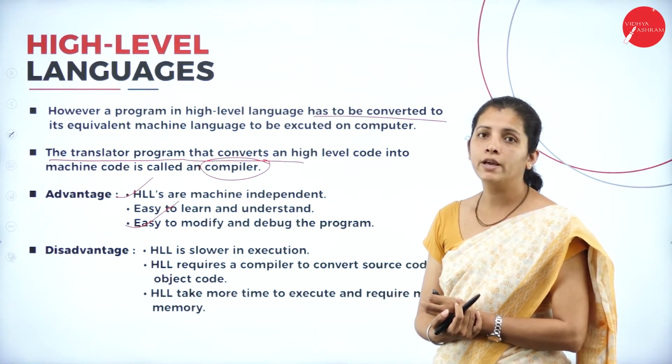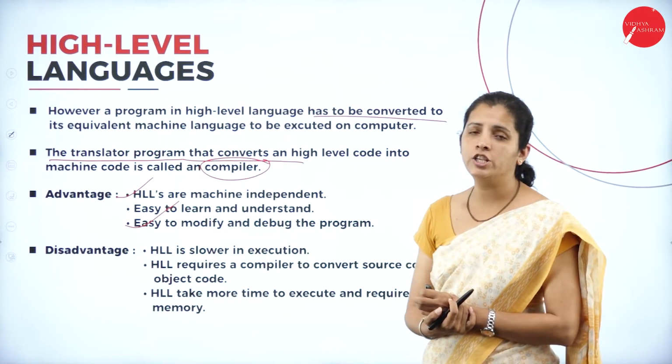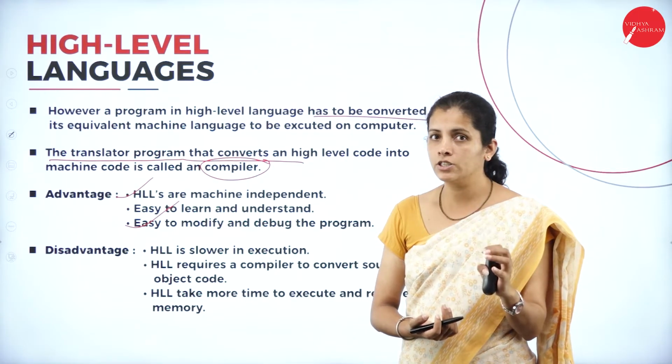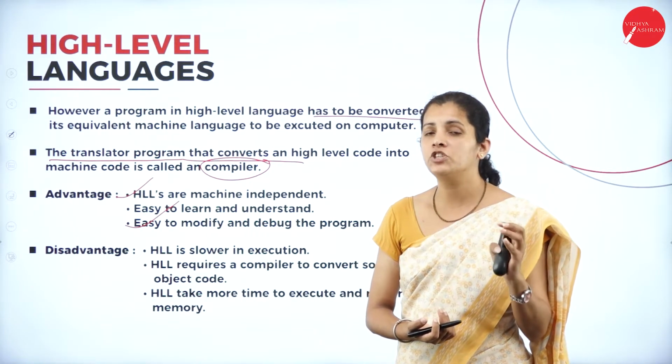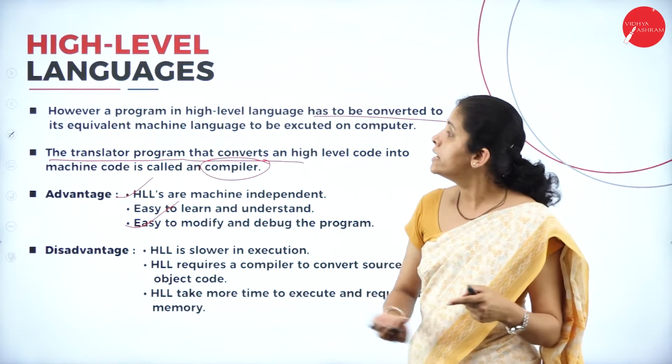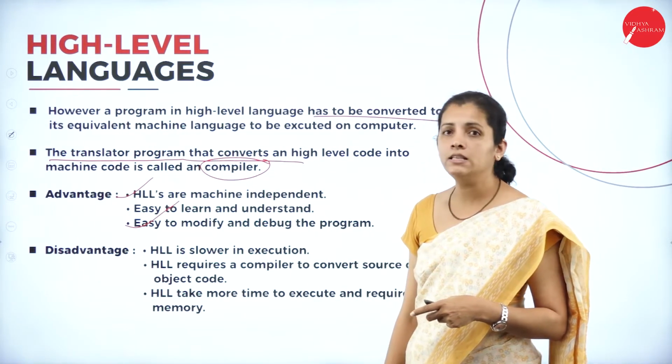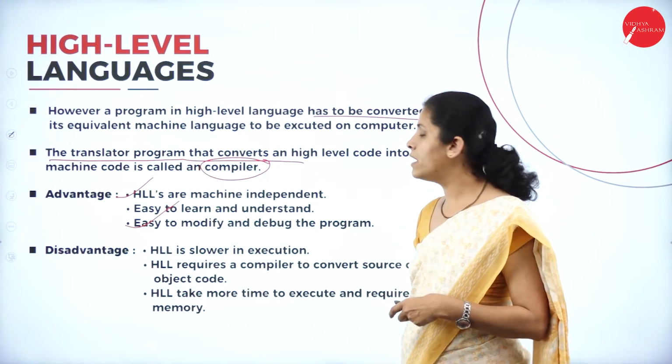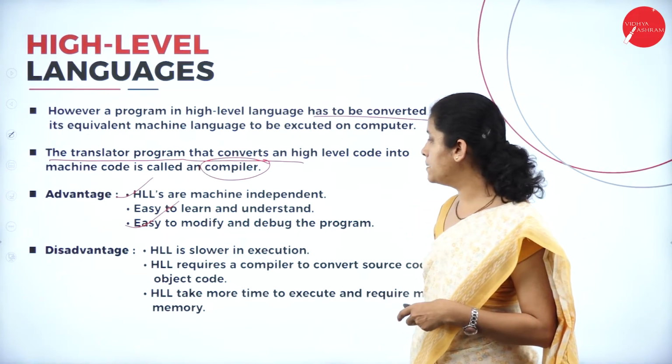That means whatever instruction I write is machine independent, and it is very easy to learn because it uses English statements, and it is very easy to modify, and very easy to debug.